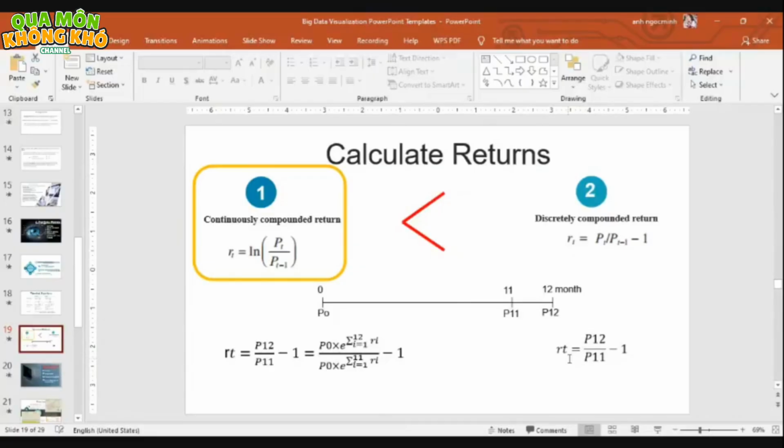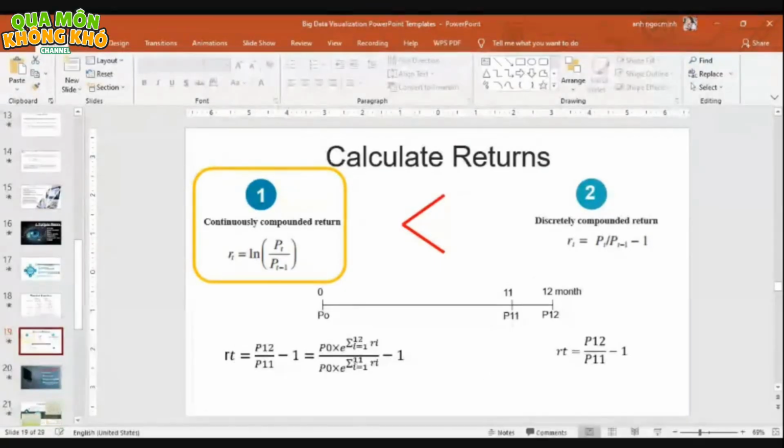Consequently, the continuously compounded return always has a smaller value than the discretely compounded return. And I will realize this through Excel now.